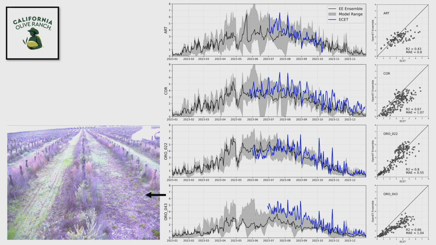I do need to note that this bottom site here, we don't expect it to do very well because it's actually just a bunch of twigs out in the field. So what they do at California Olive Ranch is when they want to rejuvenate a site or start over, instead of replanting the entire orchard, they go around with a chainsaw and just cut it off at about 3 feet high.